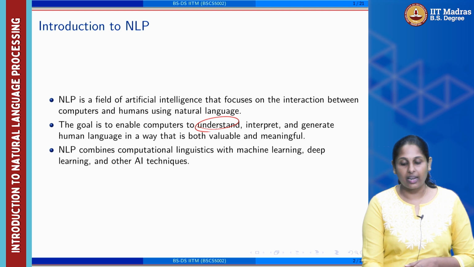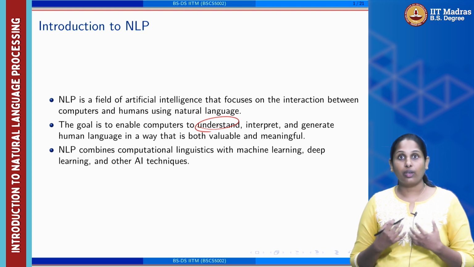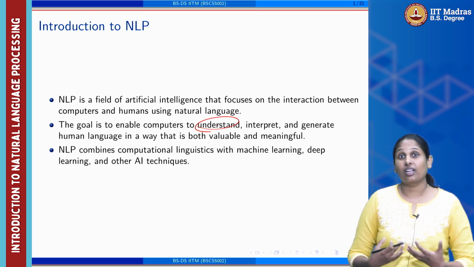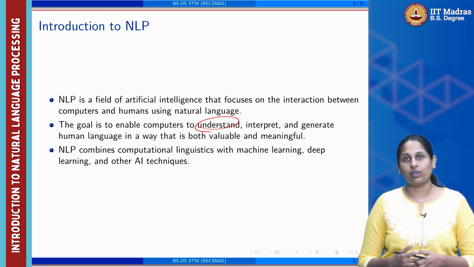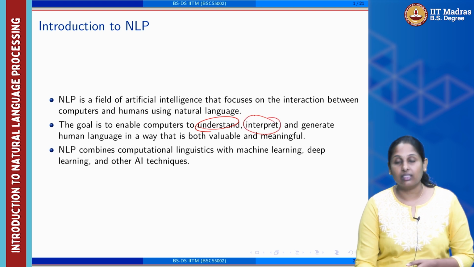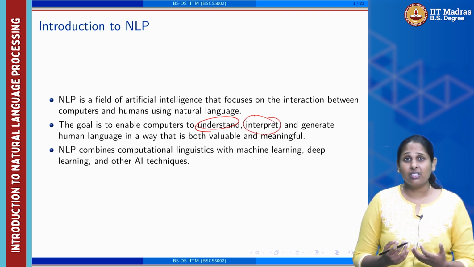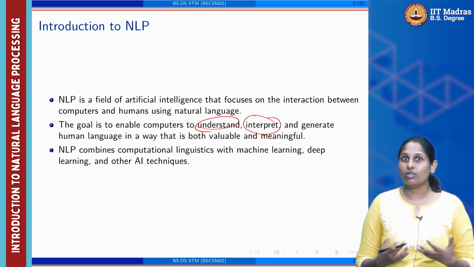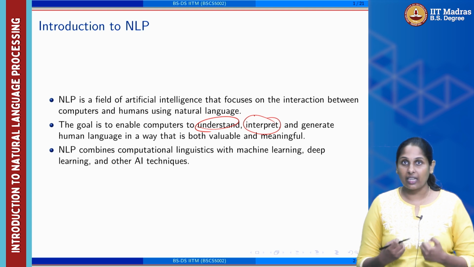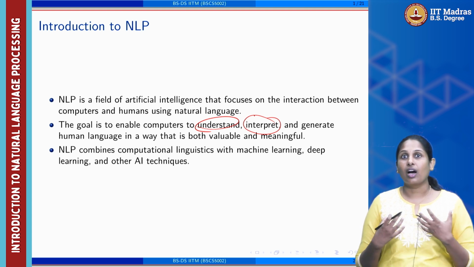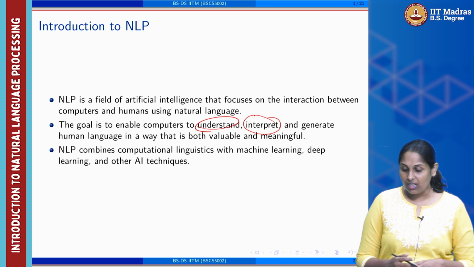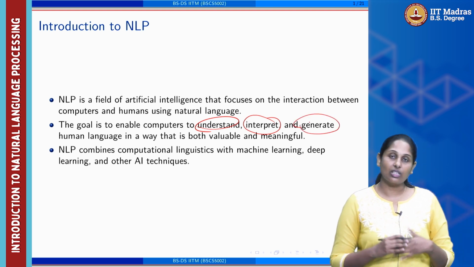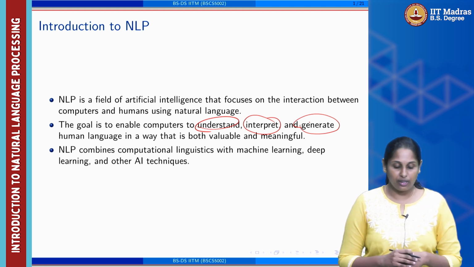One is to understand natural language, how humans understand it. Similarly, we make sure that the computer understands natural language and interprets it the way a human interprets it, or beyond, because right now what we have is the data. So the system should understand the data and interpret some kind of understanding on how human language works, and finally generate the target language or human language similar to how humans naturally do.